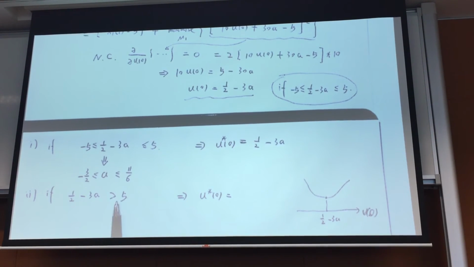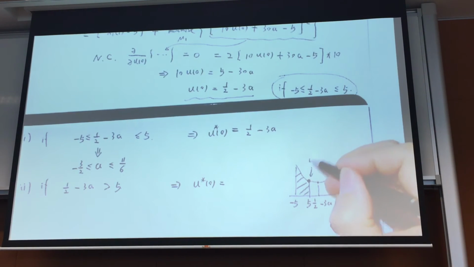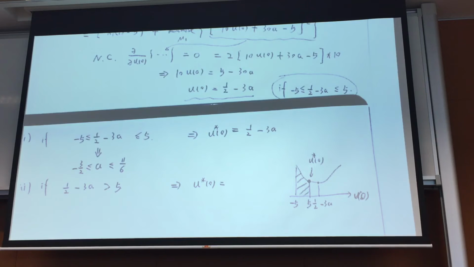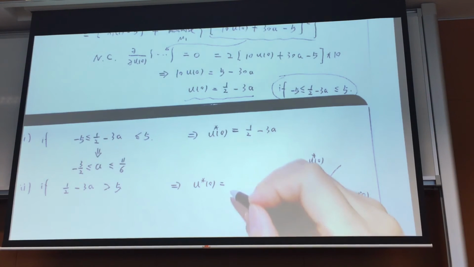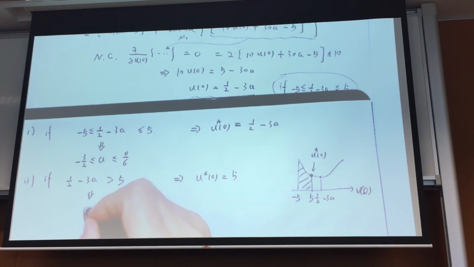Now this value is greater than 5. So we have our 5 right here and the minus 5 right here. In this case, we know our optimal solution will be given by this point. So this will be the u0 star, given by 5. If you rearrange this equation, you know this means a is smaller than minus 3 over 2.